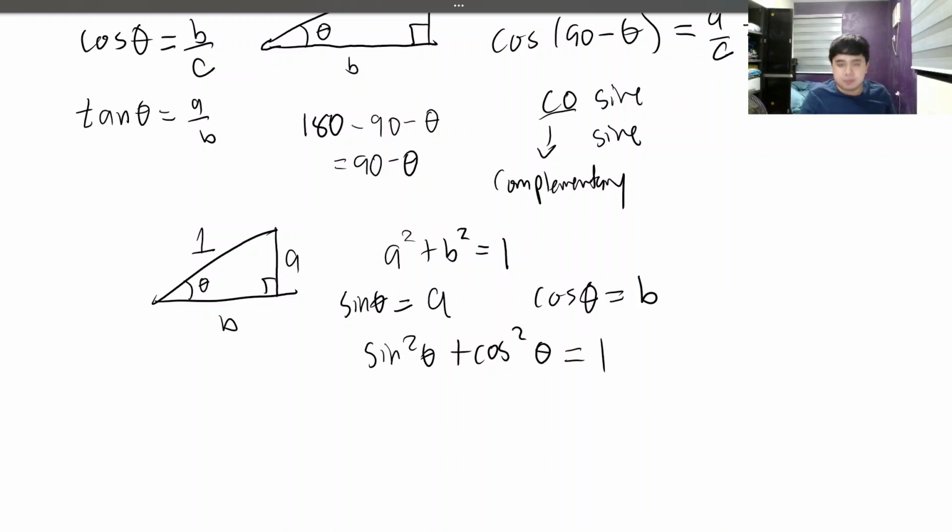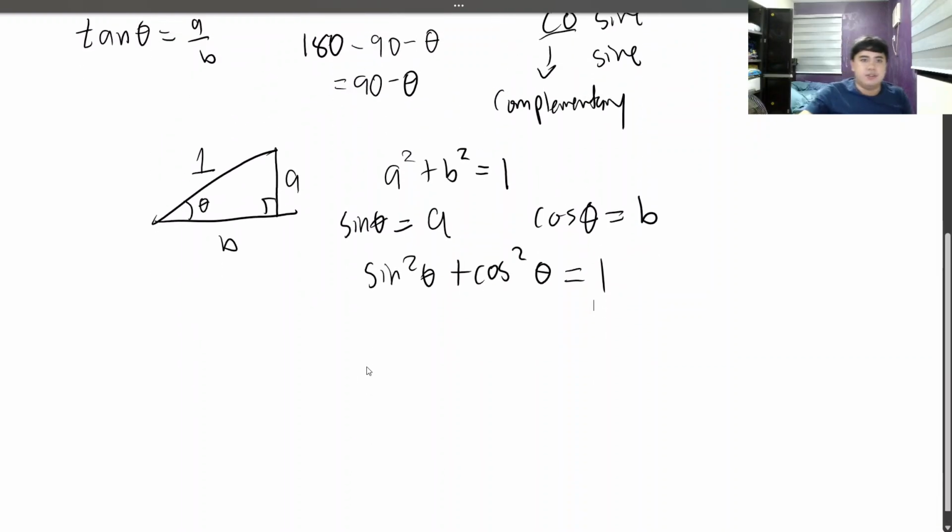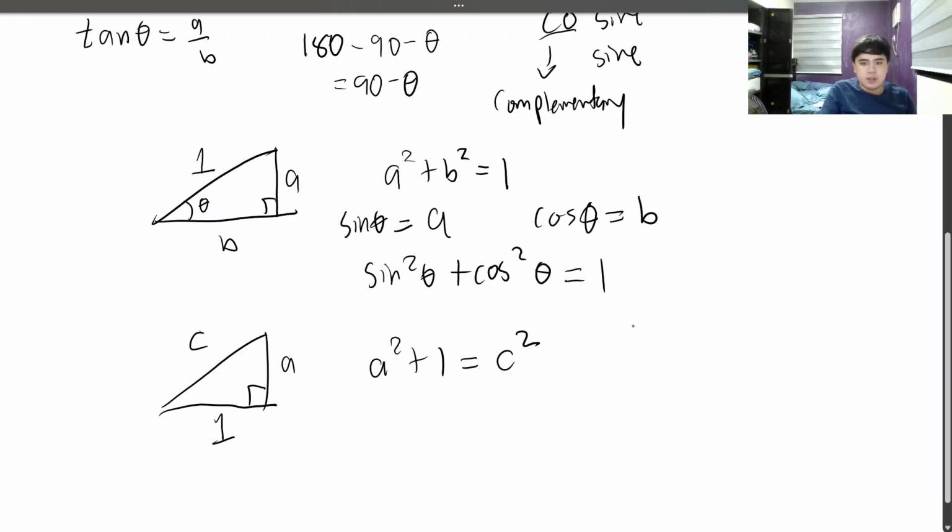That's the first Pythagorean trigonometric identity, right? And there's more. Let's label this A and C. Instead of B, let's label this as 1, such that A squared plus 1 equals C squared, or C squared minus A squared equals 1.